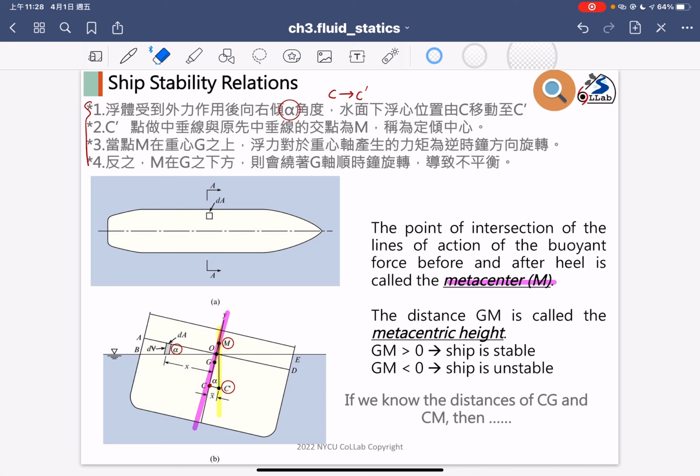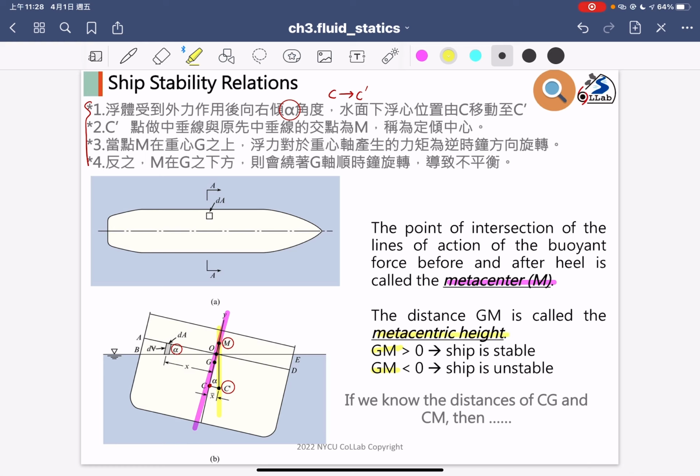As you see the GM is not the game manager, right? 我们玩游戏都有 GM 嘛。这是 GM. So what is the GM? GM is the distance, and we call that the metacentric height.